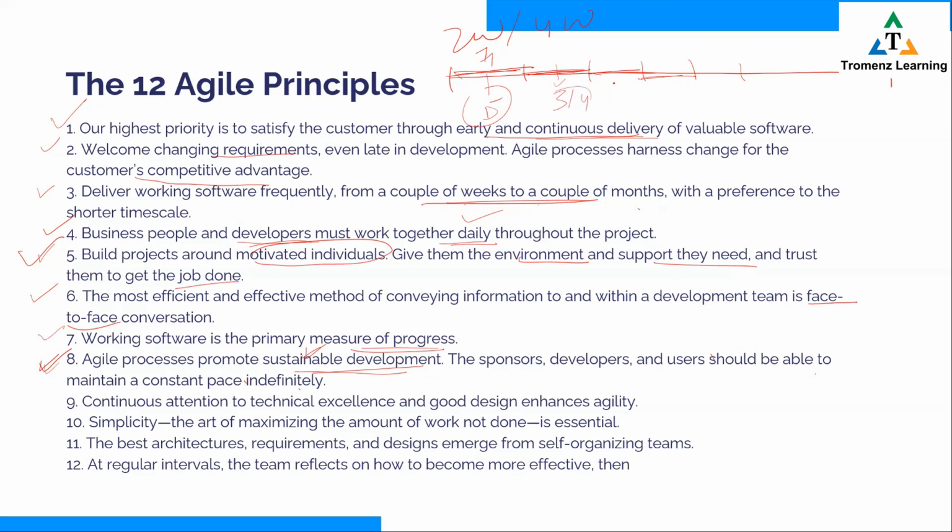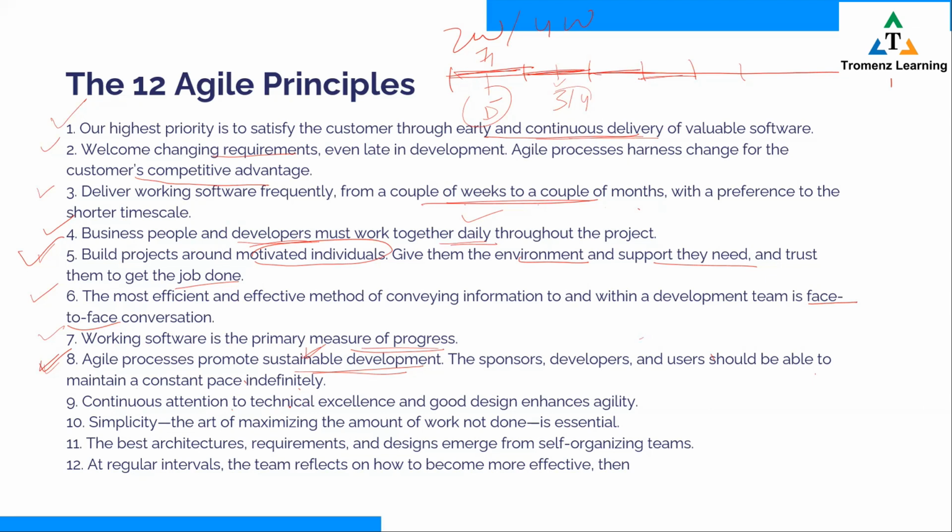That is not indicative of a good team. A good Agile team is one which is able to deliver an equivalent amount of work, iteration over iteration, consistently. You link it to productivity. They have to maintain a constant productivity across iterations. A fluctuating one is not indicative of a good Agile team. Okay, that's what it means.